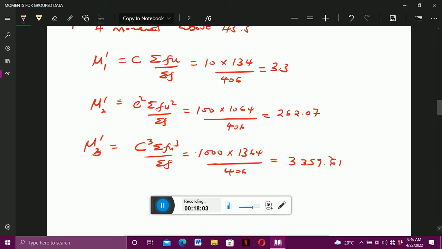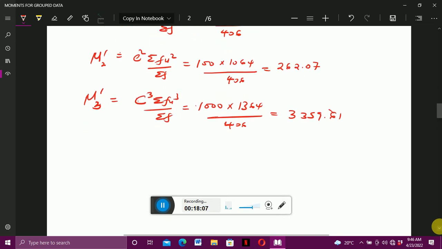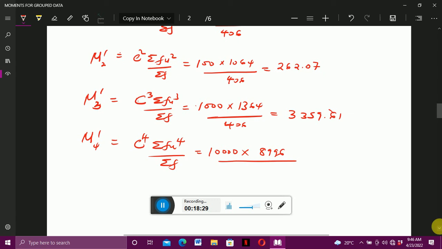That is the third moment about the point 45.5. We get the fourth moment about 45.5. C raised to power 4, sum of fu raised to power 4 divided by sum of frequencies. This is going to be 10,000 times 8996, divided by 406.